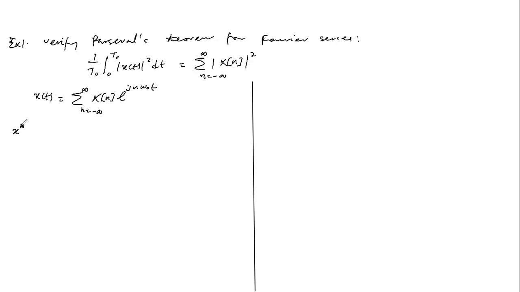If we take the complex conjugate of this, it results in a reversal of time, so we'll have the sum of conjugate of S_n e^{-j n ω t}.